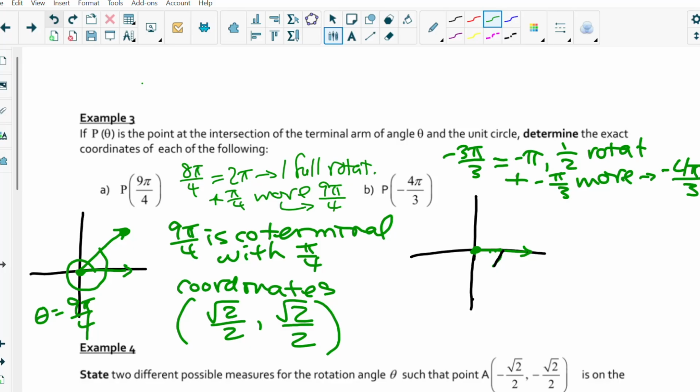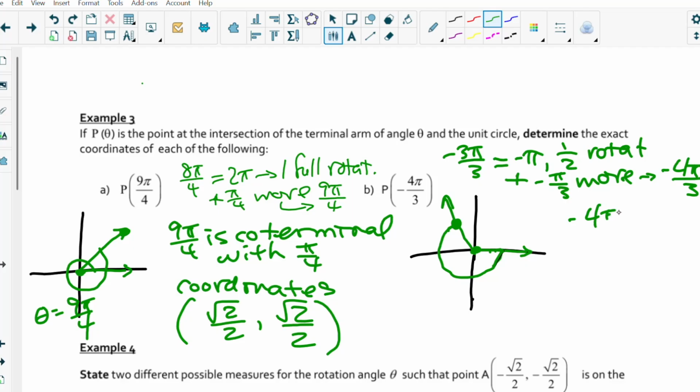Sorry, 4. Let me back this up. Sorry about that. It's negative 4 pi over 3. So this is 1 of the 60s. This is the 2 of the 60s. This is the 3 of the 60s, and then 4 of the 60s. Okay, let me just be super accurate here. I'm going to go up. Okay, this is where it ends.